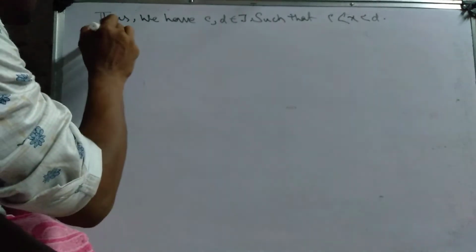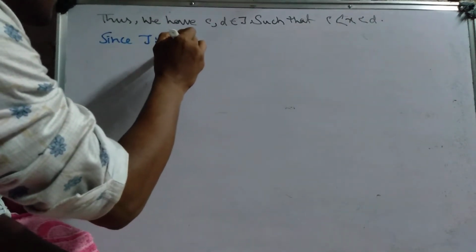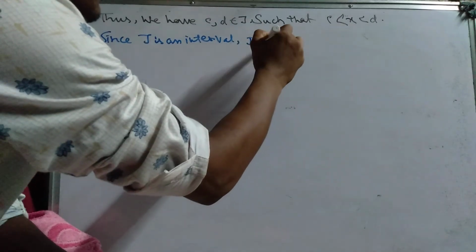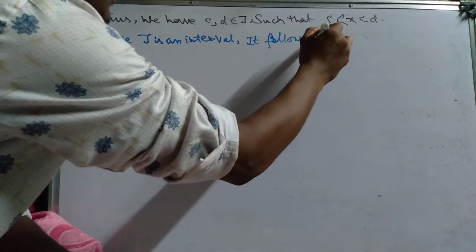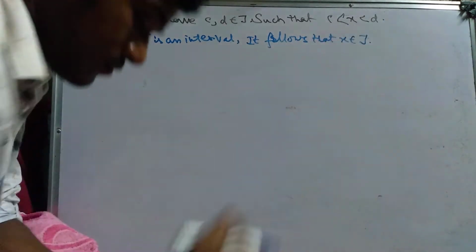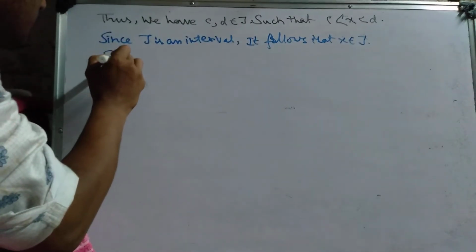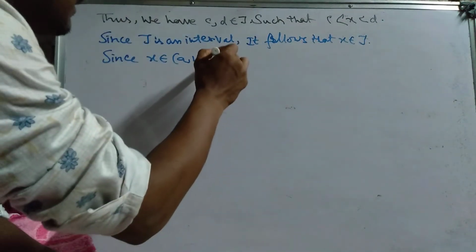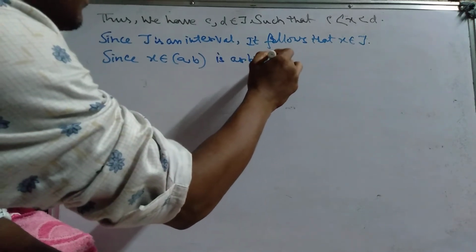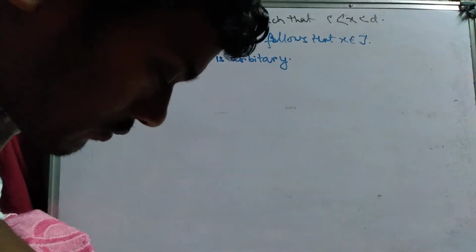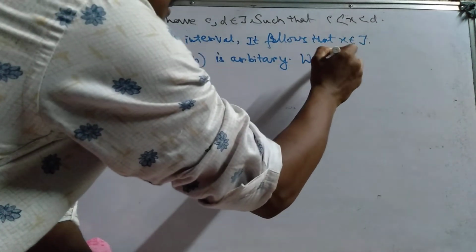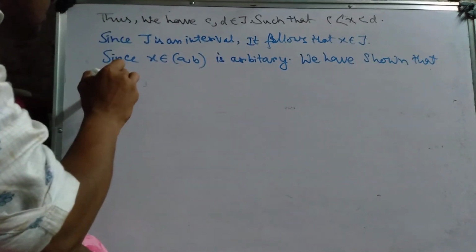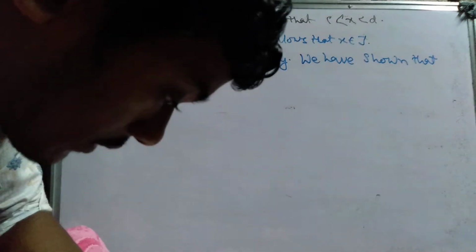Now since J is an interval, it follows that x belongs to J. Since x belonging to open (a, b) is arbitrary, we have shown that (a, b) is a subset of J.